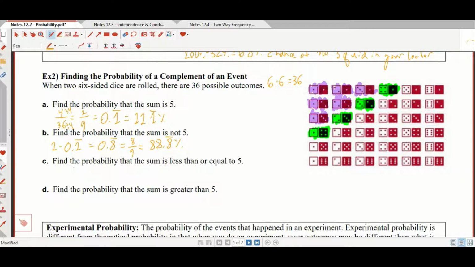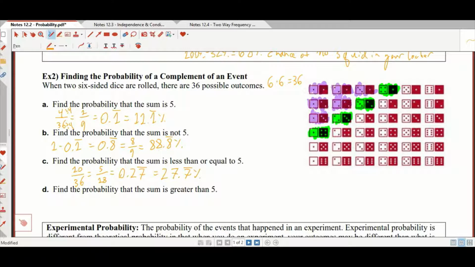So there's a 10 out of 36 chance of getting a sum less than or equal to 5, which reduces to 5 over 18, which as a decimal is 0.27 repeating, which is equal to 27.7 repeating percent. Notice how your chances went way up.